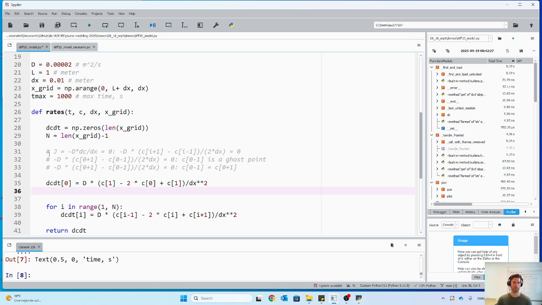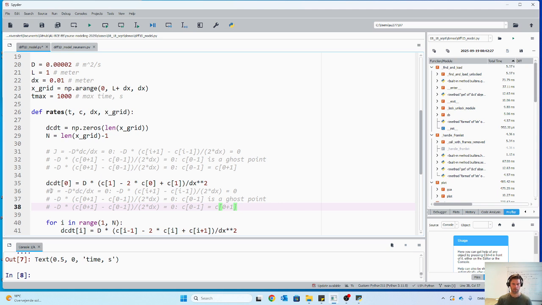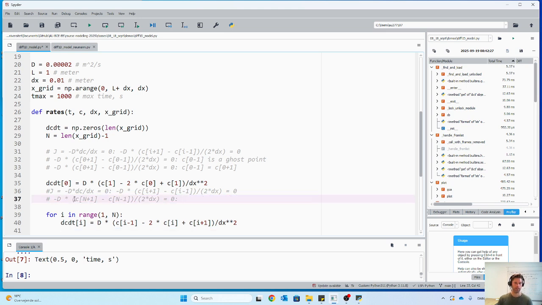Now we have to do the same thing at the right boundary. Let's just copy this. And now i would be equal to n, because we are at the last point now. So our flux looks like this when it's discretized at the right boundary. Now it is C n plus 1 that is the ghost point, because that is one right of the right boundary.